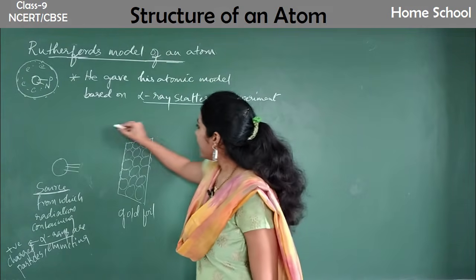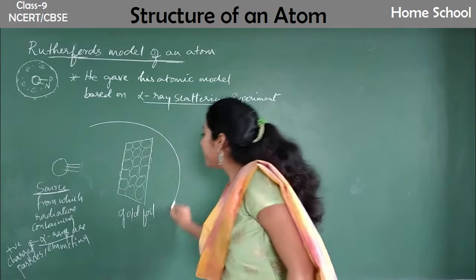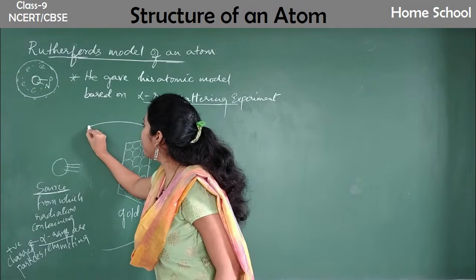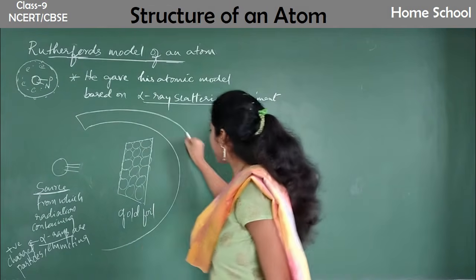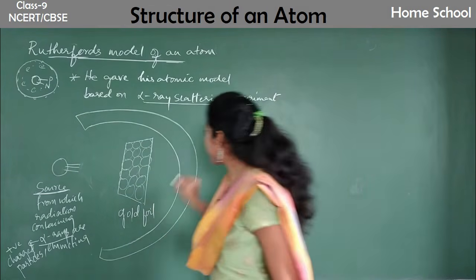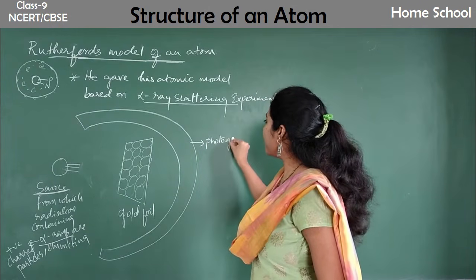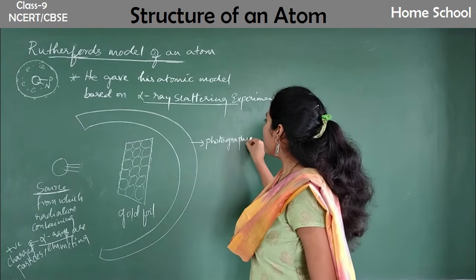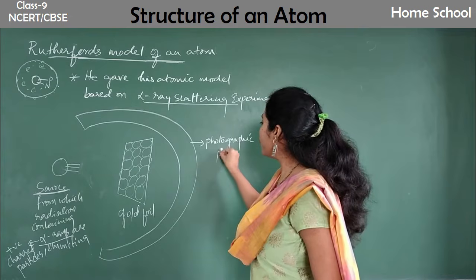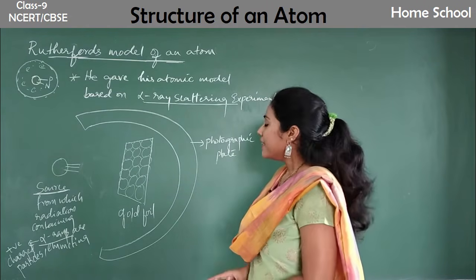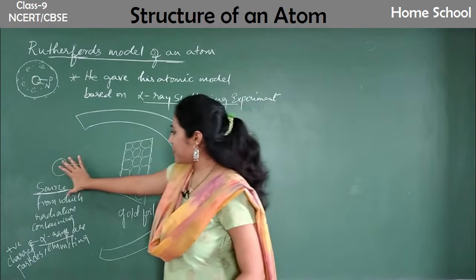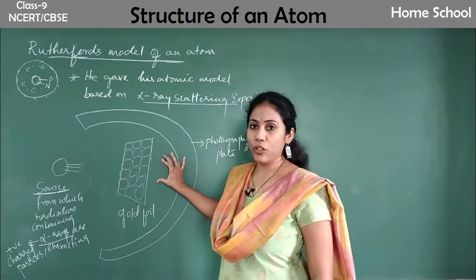And the entire setup he covered with a photographic plate. This is called a photographic plate. What is the importance of this photographic plate here? The radiations will pass through this gold foil.